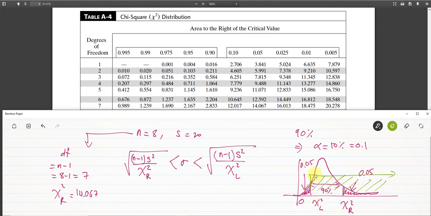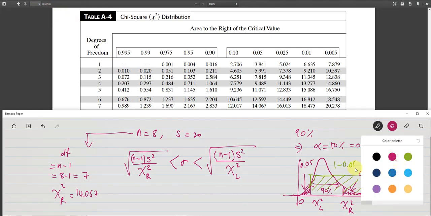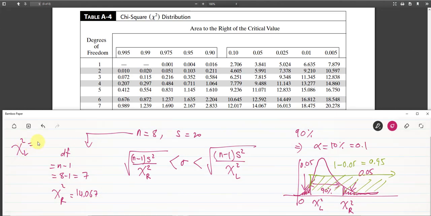Now you know that this is 0.05, so the green portion to the right of the left chi-square is 1 minus 0.05, because everything under the curve is 1, so 1 minus 0.05 will give me the area to the right, or 0.95. So we look for 0.95, the degree of freedom is 7, that's going to be 2.167. So 2.167 is my left chi-square.